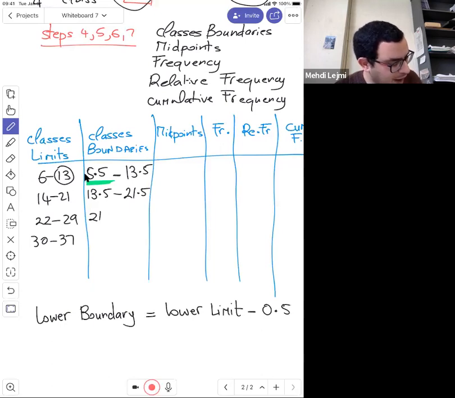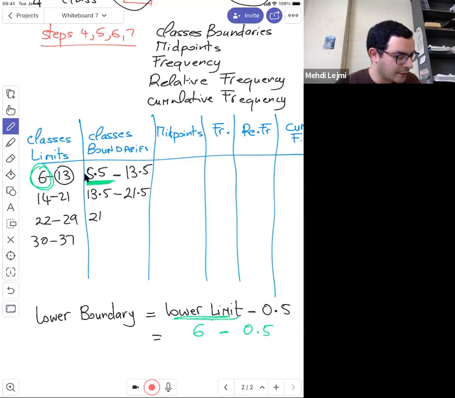For example, the way I got the 5.5 was, I take the 6 here, that's my lower limit, right? This is 6, the first class lower limit. And then I subtracted 0.5. So 6 minus 0.5 is 5.5. And that's how I got the 5.5.